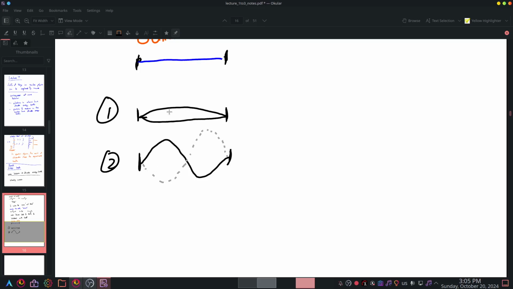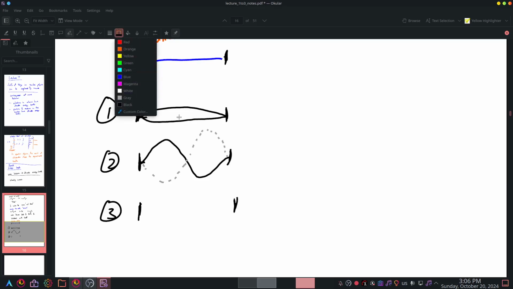But you cannot have half wavelengths, right? Because the ends are stuck. Remember, the ends are stuck, so there's no vibration that happens at the end. You cannot move at the ends. That is the restriction. At the ends, the vibration is always zero.